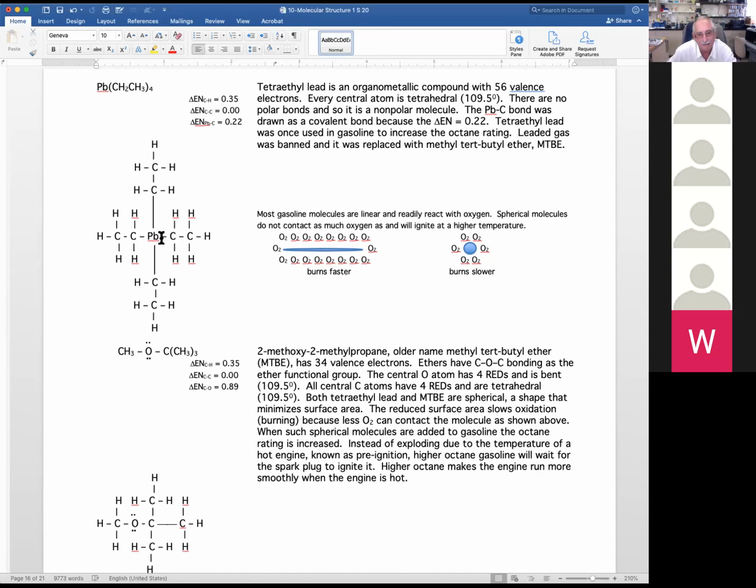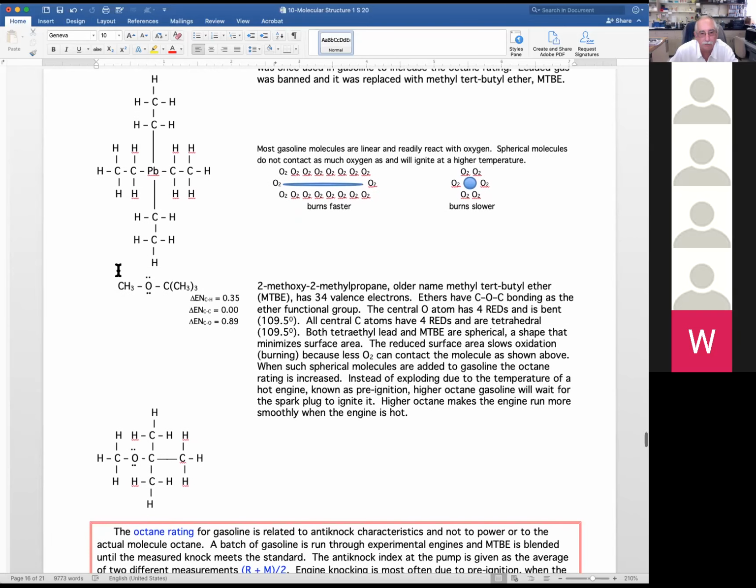Anyway, there were examples of lead-based paint, children eating lead-based paint and getting into the food supply, whatever, and it does cause neurological damage. So lead was banned. So they replaced it with a molecule called methyl tert-butyl ether, MTBE.